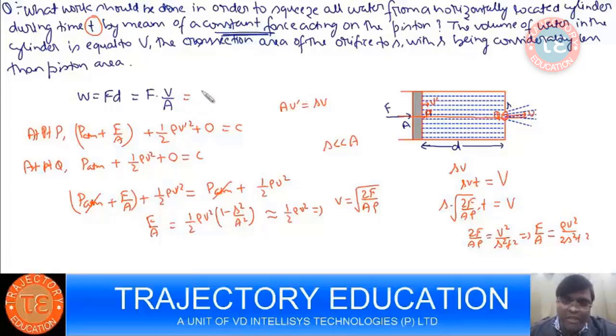And if I put it over here, F by A, then it is rho V cube upon 2 s square t square. That should be the work done. So this is how we apply the Bernoulli equation.